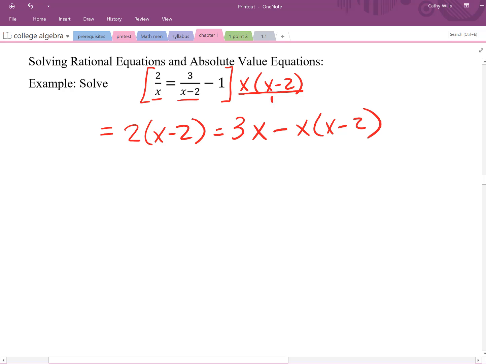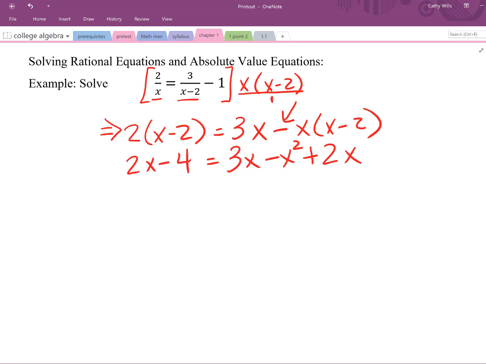Now all we have to do is use the distributive property and solve. Okay, so we've got 2x minus 4 equals 3x minus x squared plus 2x. Be sure you distribute that minus sign. It's a quadratic equation, so we get everything on one side.